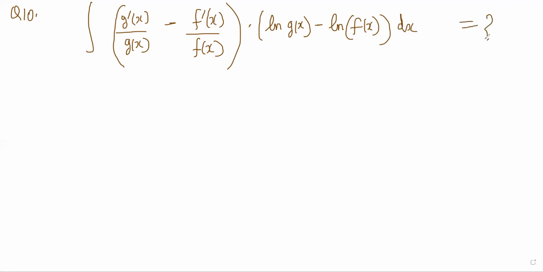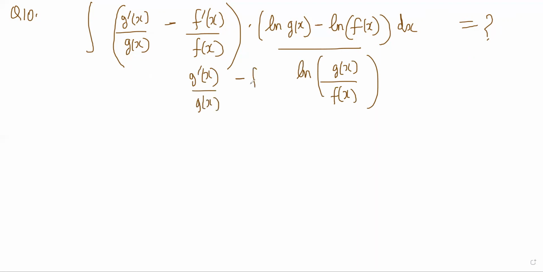We have to find out this integral. Now here, this part is actually ln of g of x by f of x, and this is g dash x by g of x minus f dash x by f of x. This is the integral actually.